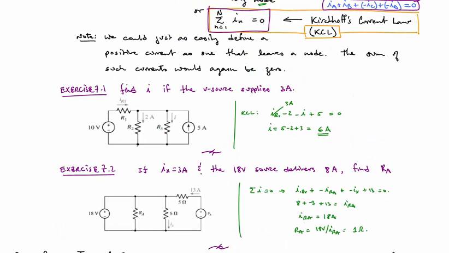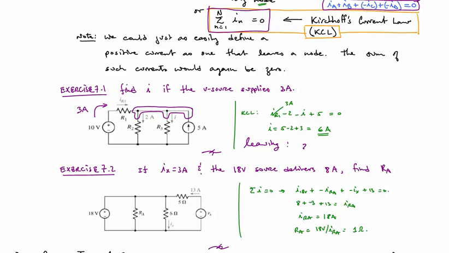Let's find the current I if the voltage source supplies 3 amps. Supplying means the current is coming from its positive terminal. So I need to write a KCL equation for this node right here. We'll sum currents leaving the node.